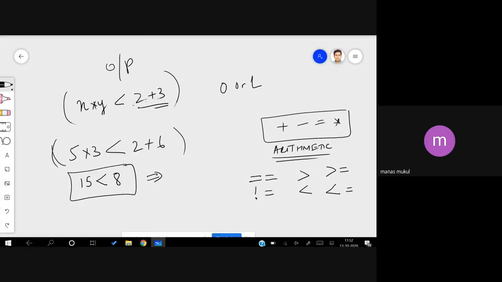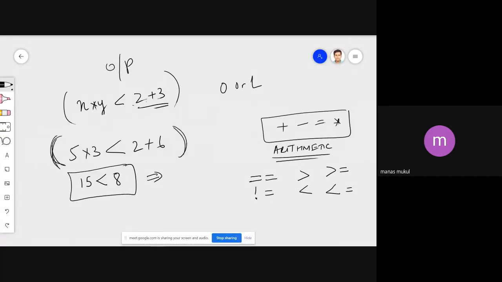When I have this expression, which is 5 into 3 is less than 2 plus 6, it evaluates to this expression at the end. Now, what do you think about the statement which I have got after evaluating this expression? What will be your opinion on this? Is it right? Is it wrong? Does it hold? Does it make sense or does it not make sense?